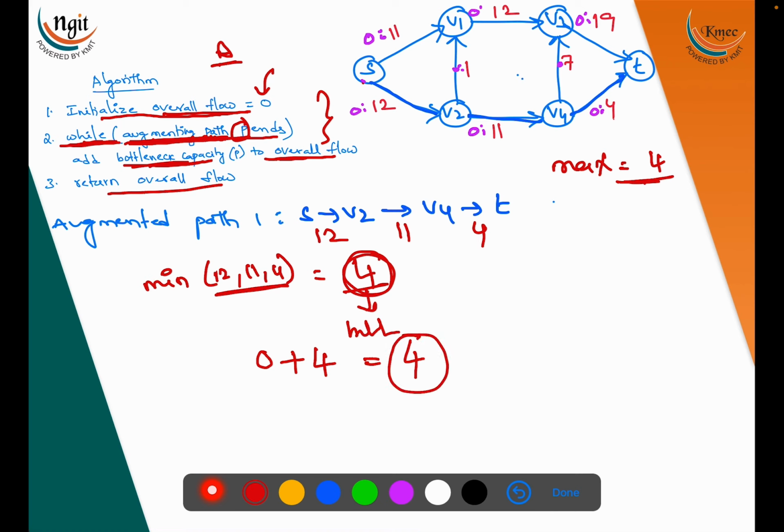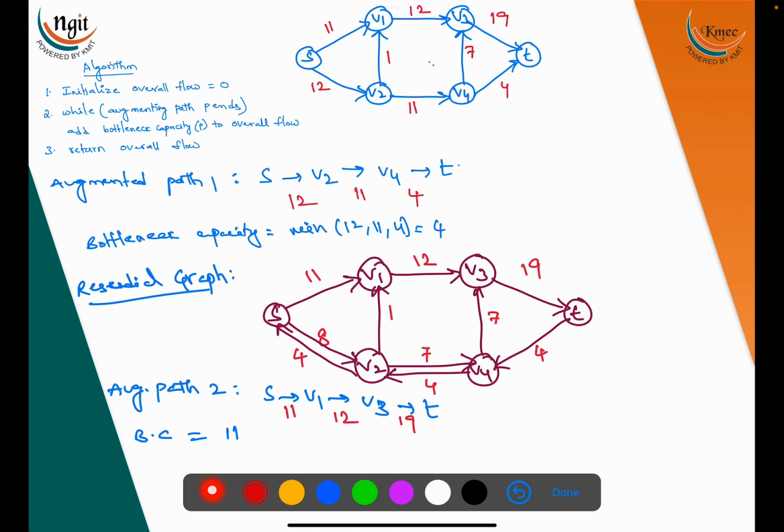You have to draw a residual graph reflecting where the bottleneck capacity has influenced or affected the edges. The residual capacity is calculated as capacity minus flow. The flow value you got is 4, and the capacity is already there on the edge. Apply this formula to find the residual graph.